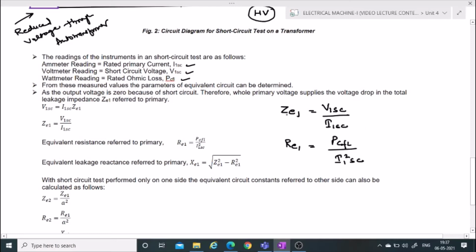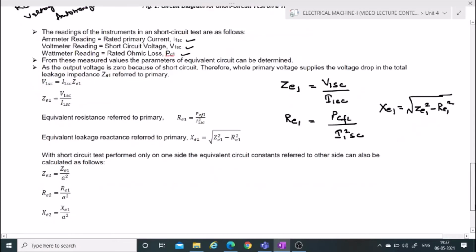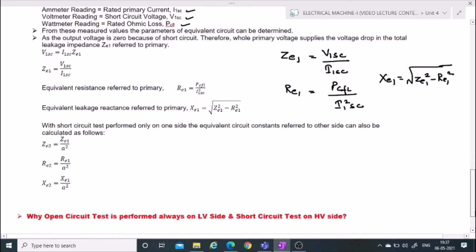So once we have ZE1 and RE1, we can easily calculate the XE1, which is equal to the square root of ZE1 square minus RE1 square. So these are the parameters which can be calculated from short circuit test.